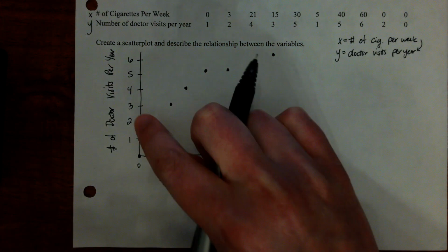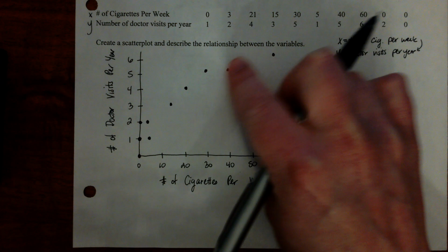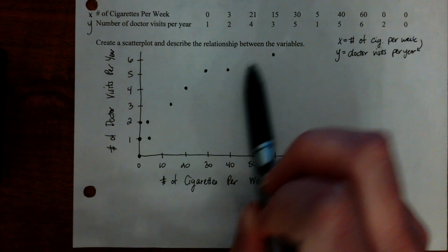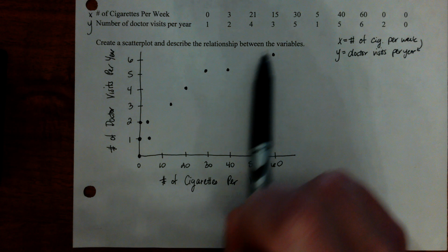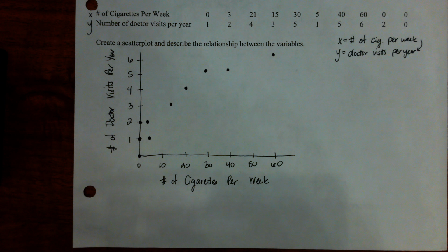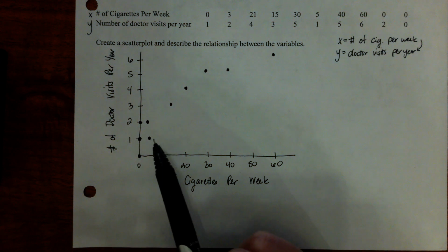So looking at the strength of the relationship, notice how we can really see that these dots are close together. I would say this is probably a strong relationship, and it's pretty linear. And then we also have to figure out, is it positive or negative? So that goes with our direction.